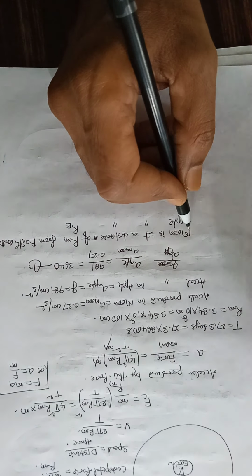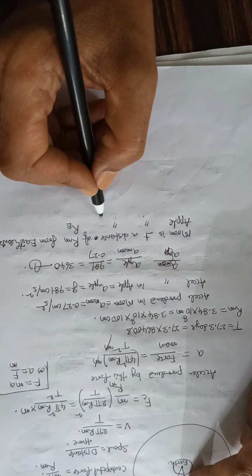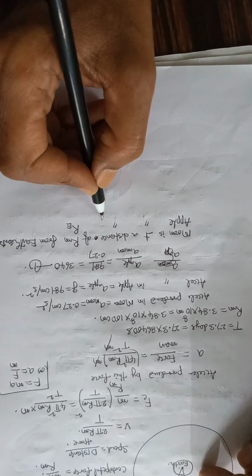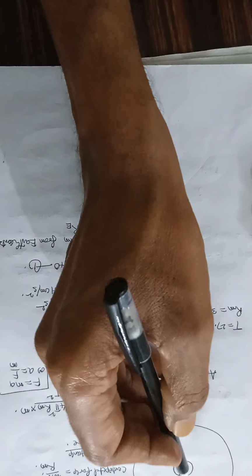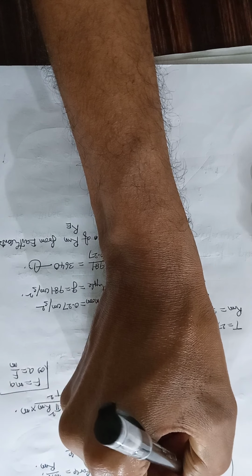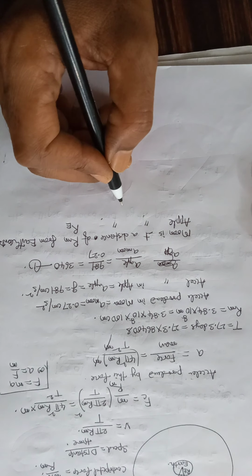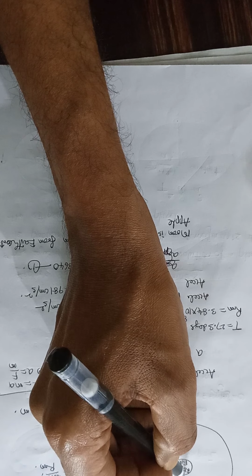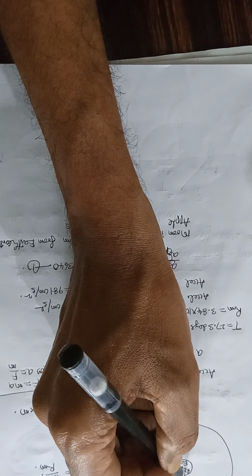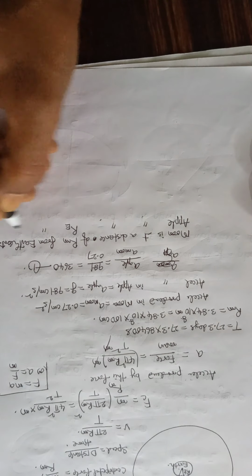From Earth center to Moon center, the distance is Rm. The apple is at a distance of Re from Earth center. The height from the surface of the Earth to the apple is negligible compared to the radius of the Earth, so we take the distance between apple and Earth as the radius of Earth only, Re. This H is far less than Re, therefore we neglect it.